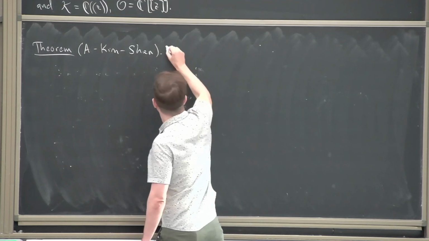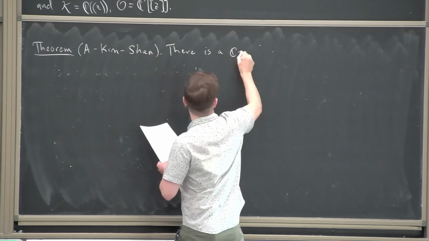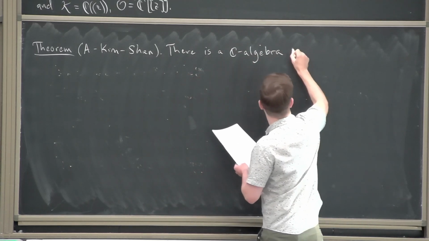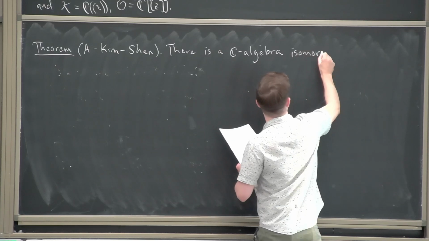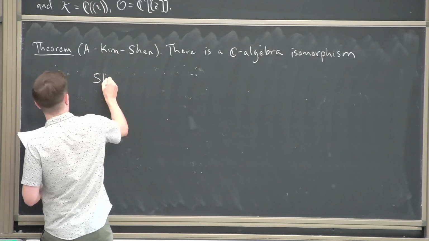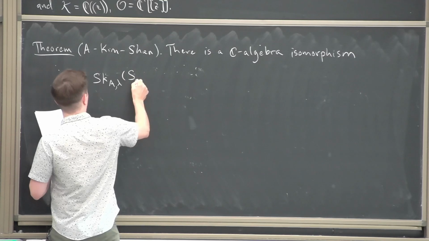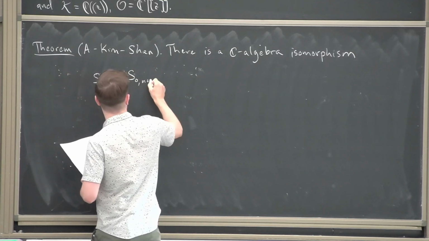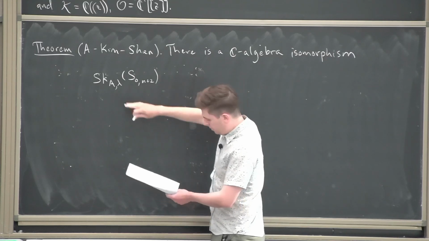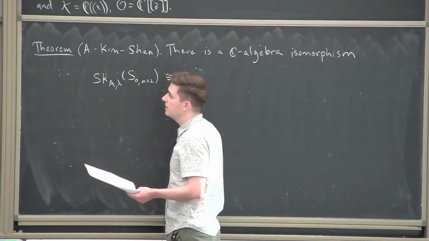We show that there exists a C-algebra isomorphism from the relative skein algebra of a punctured sphere, so take the surface of genus 0 with some number of punctures, to a quantized Coulomb branch.